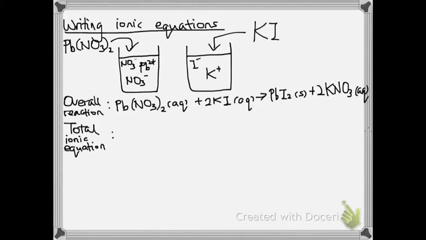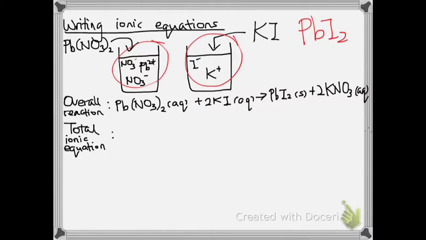If you look at the two diagrams I have here, one of them shows a solution of lead 2 nitrate as well as a solution of potassium iodide. If you recall your assignment 3, this is what you did: you mixed a lead 2 nitrate solution with potassium iodide solution to get lead 2 iodide.